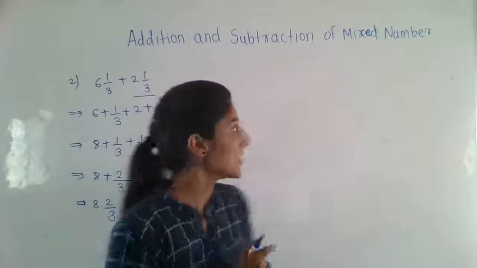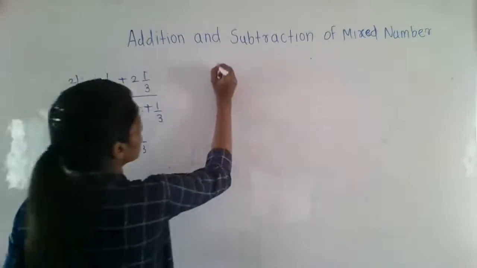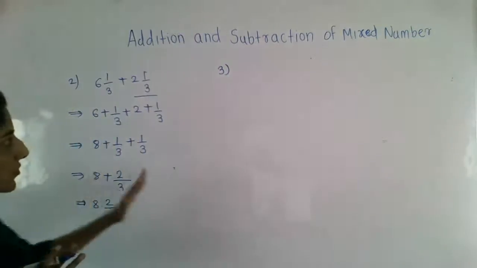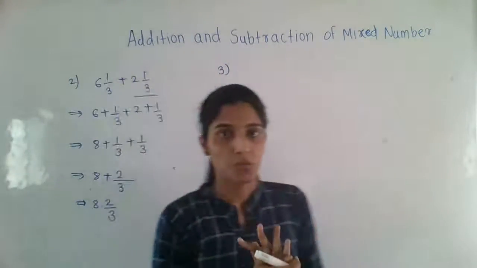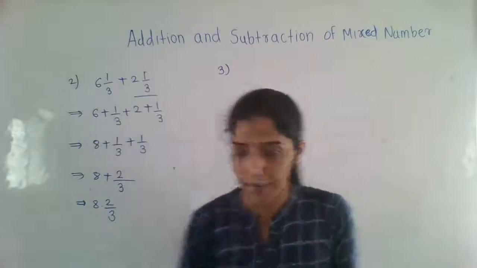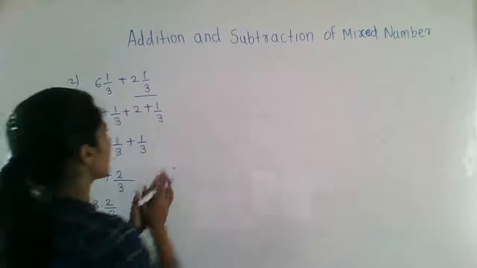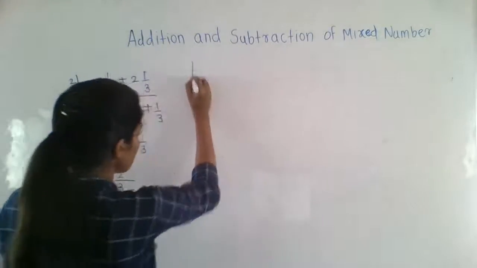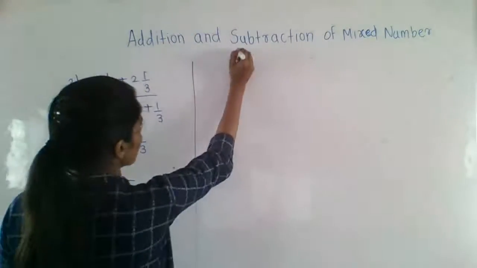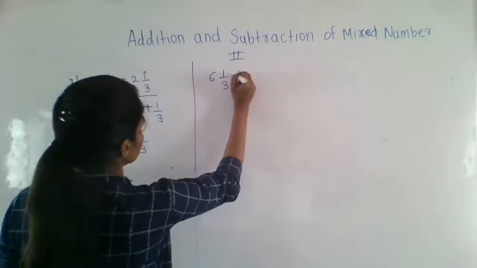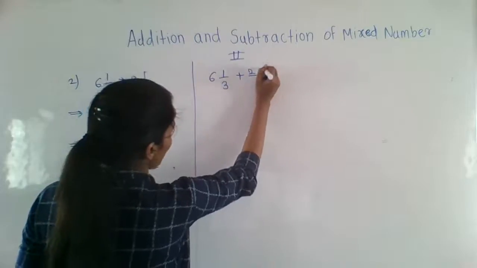Now we will take one more example. Suppose next example we will take. This is also solved by method number 2. We can also solve this by method number 2. I can show you again how we can solve with method number 2. Our number is 6 and 1 by 3 plus 2 and 1 by 3.